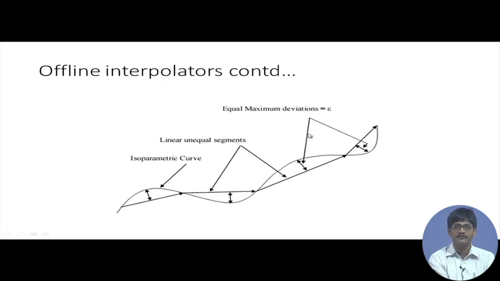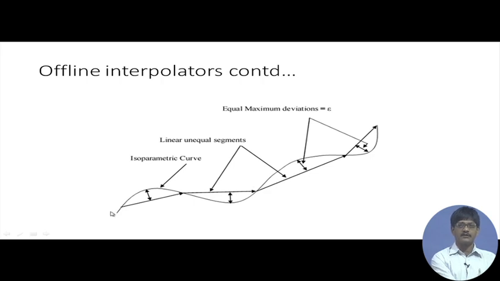At least this equality of the deviations we try to achieve. Once again, why? This is because whenever we are accepting the fact that we have to deviate from the path, then from form tolerance a particular value of the maximum deviation is stated.